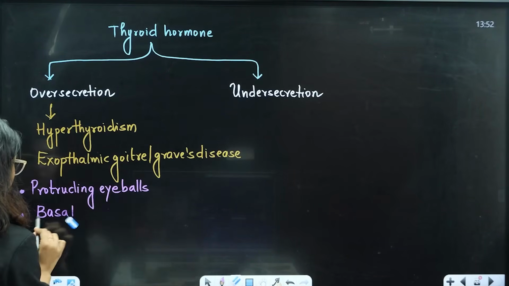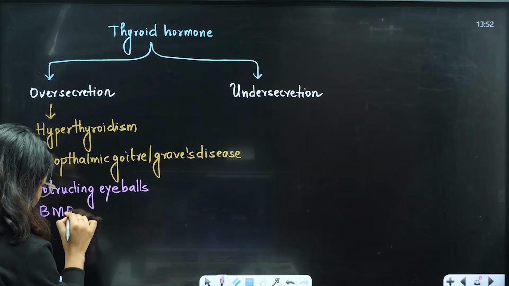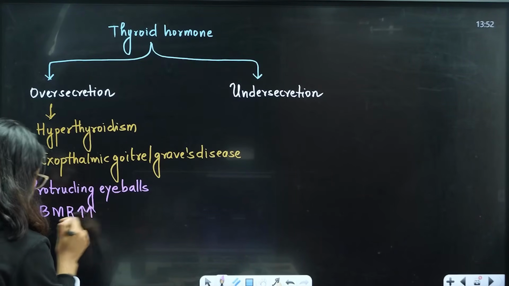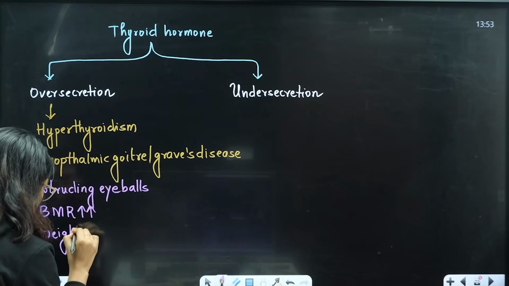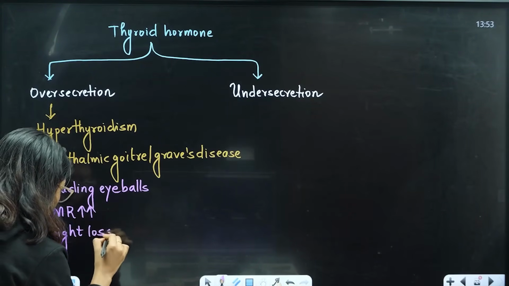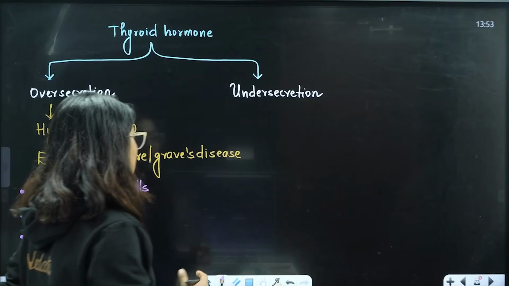I'll write it, students. BMR, you will understand, no? Not BMI, BMR. Basal metabolic rate will be very, very high. Weight loss is there. So these are some of the characteristics. The person is going to become very thin. And this is called Graves' disease.